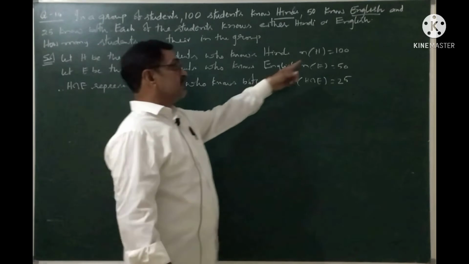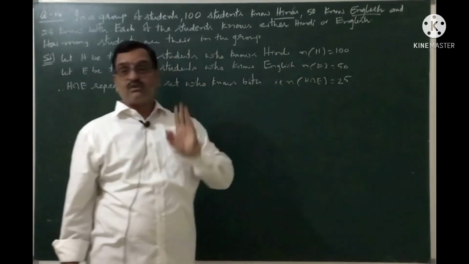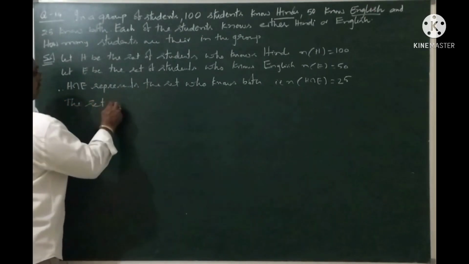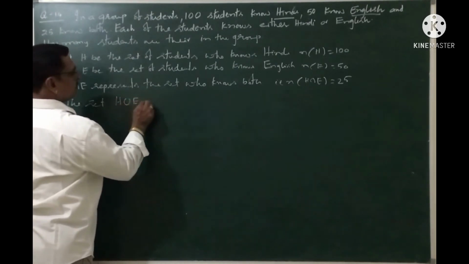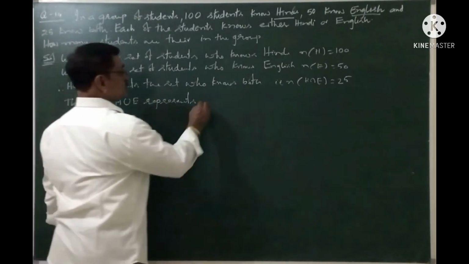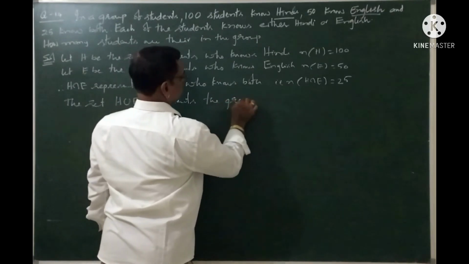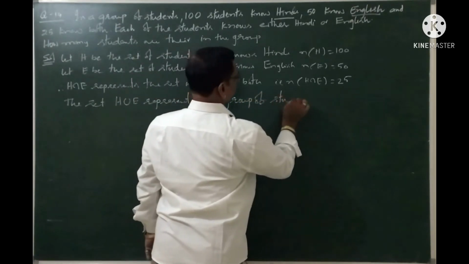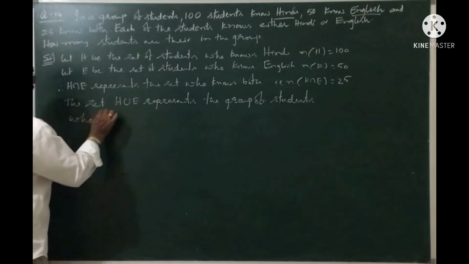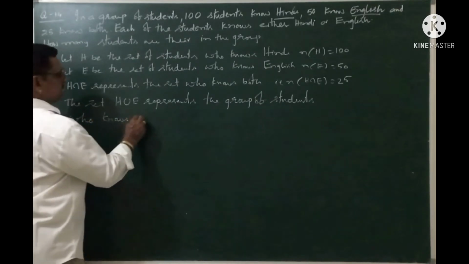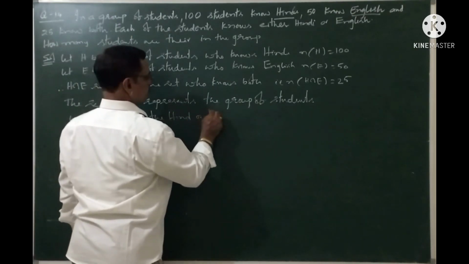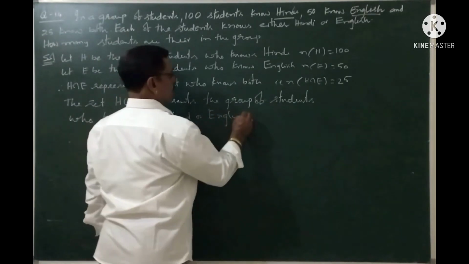That means you have to find H union E. So the set H union E represents the group of students who know either Hindi or English or both.